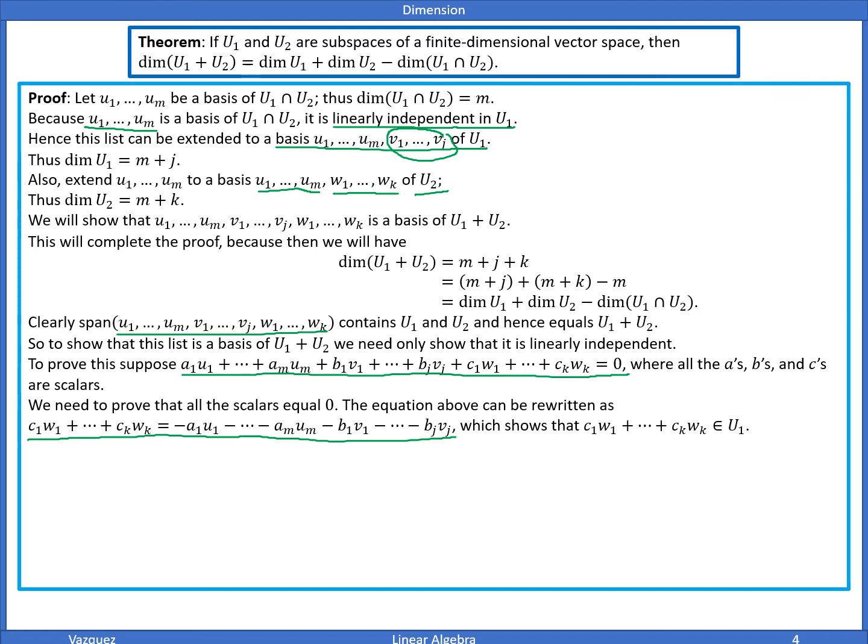Well, that the linear combination C1 times W1 plus all the way to CK times WK is in U1. All the W's are in U2, so it implies that that linear combination is in the intersection of U1 and U2.